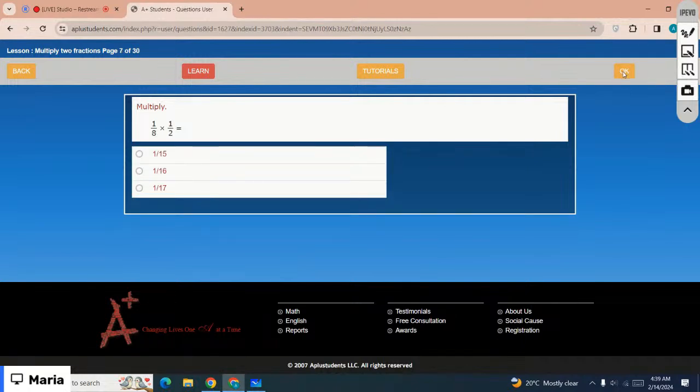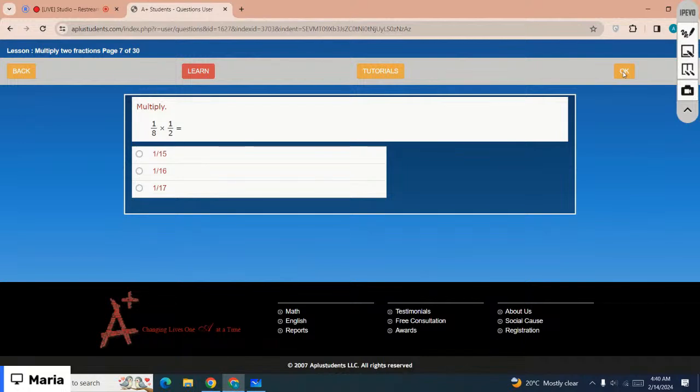The next one is 1 by 8 times 1 by 2, which is the correct option? The correct option is 1 over 16, right?